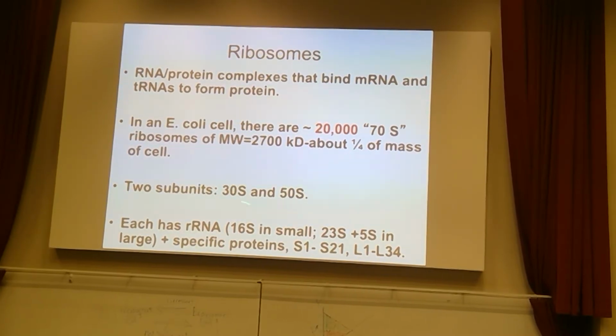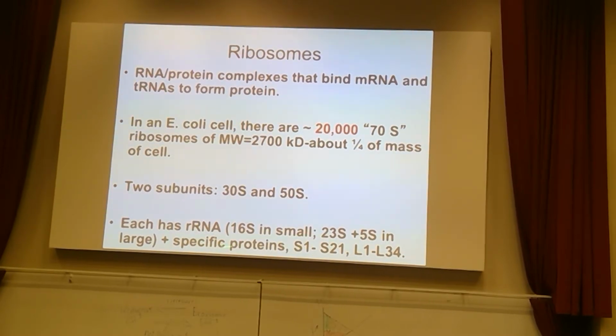We call this the 30S and the 50S, and this S stands for Svedberg unit, which is a measure of to what position a macromolecule will migrate in the presence of a centrifugal force. So this is about separating these subunits in a centrifuge.